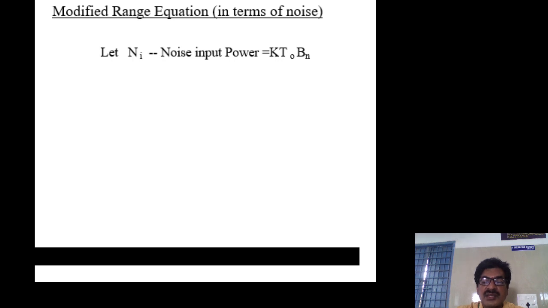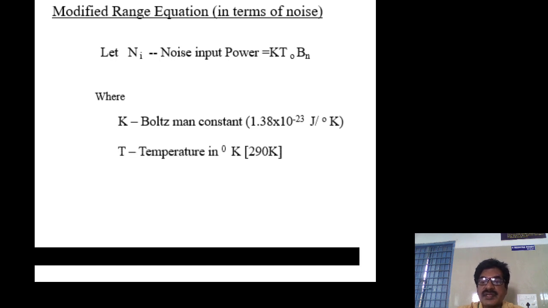Already in the analog communication subject, you have gone through how to define and express the noise power as K T naught Bn, where K is the Boltzmann constant. Its value is 1.38 into 10 power minus 23 joules per degree Kelvin.